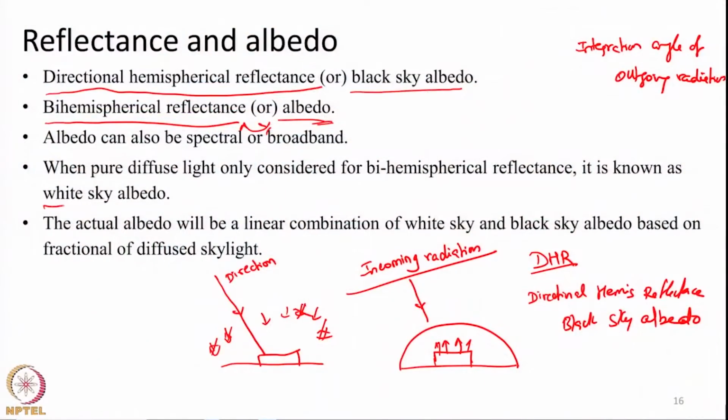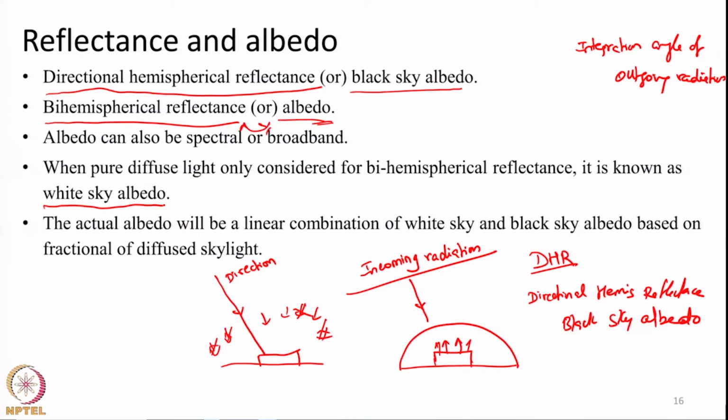If we measure reflectance of an object under such circumstances where it is irradiated only by diffuse skylight, we call that particular reflectance white sky albedo. So, please remember there are a lot of different things here, and this is for your own knowledge.